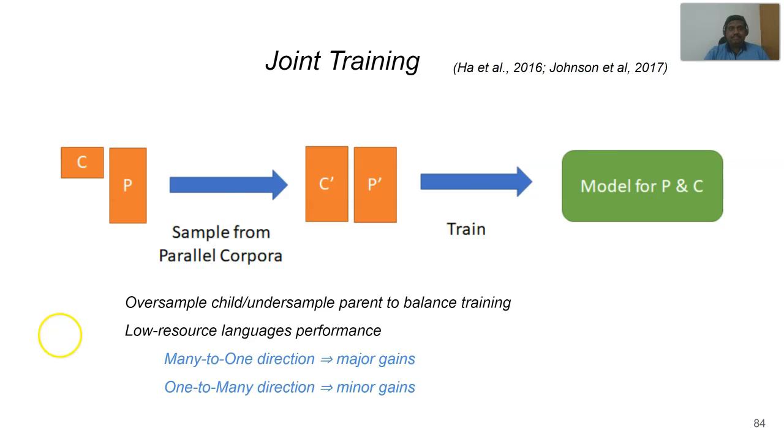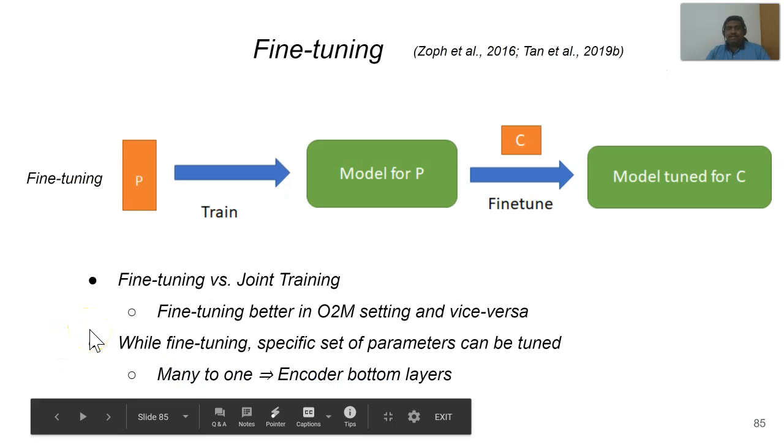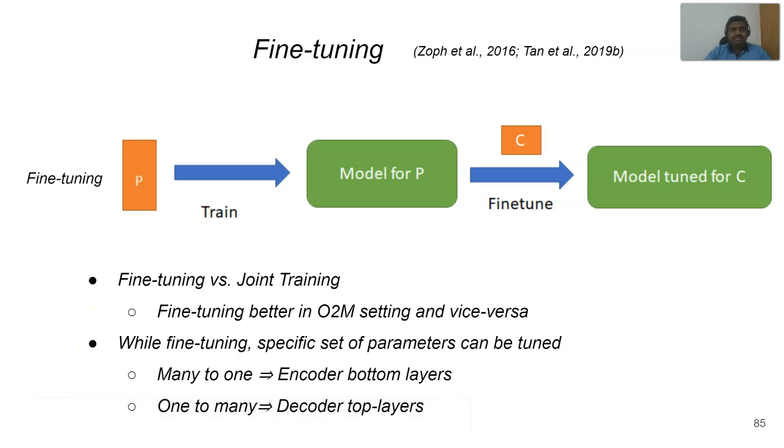The other setting that we look at for transfer learning is fine-tuning, and this is what we'll explore mainly through this section. In this case, we start by first training a model for the high resource language pair, the parent language pair. We can call this pre-training, and we have a model for the parent language pair. Once we have this, we continue training the model, but now train it on the small amount of parallel corpus available for the child language pair.